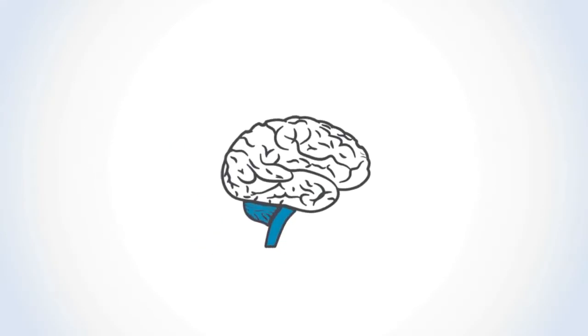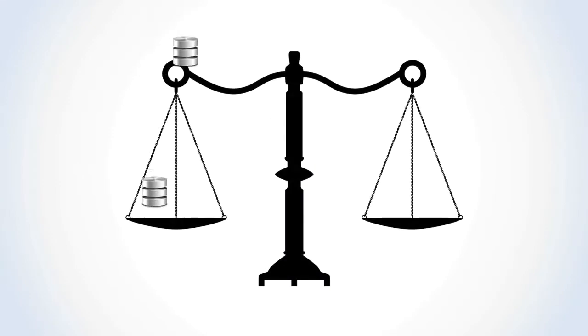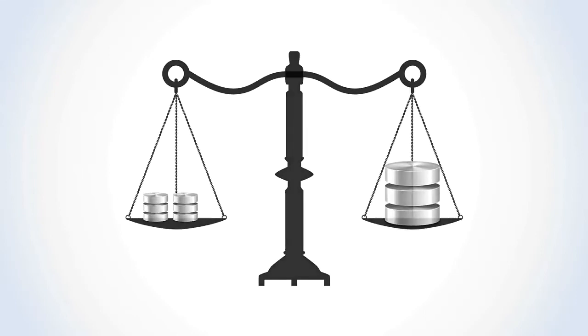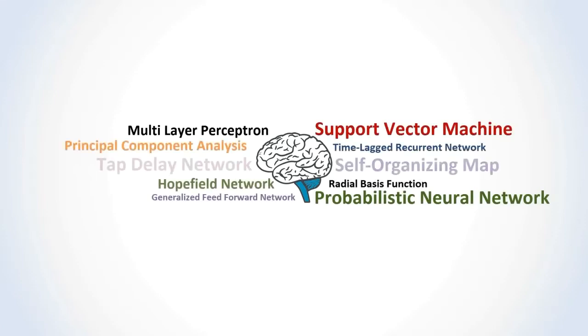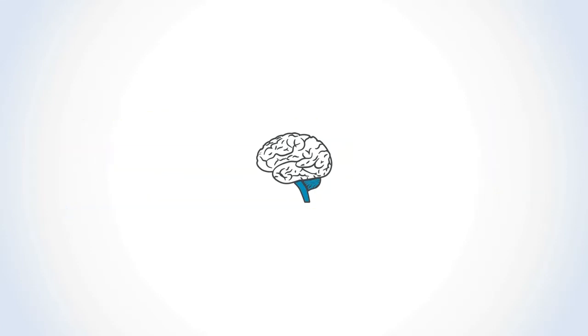Since they're inspired by how the human brain works, they're a lot like the brain in that they work best when you balance getting as much information as possible with being able to focus on the most meaningful information. There has been a lot of research done on what makes an effective simulation of the brain. This has led to a lot of different types of neural networks and many different approaches to making them learn effectively.